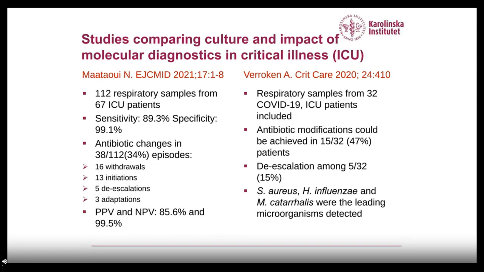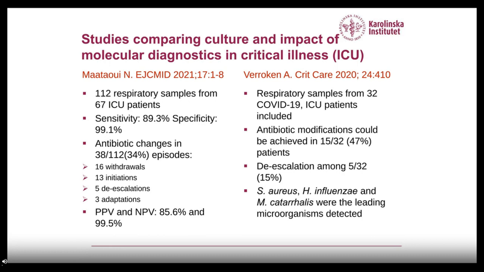There are some studies comparing culture and the impact of molecular diagnostics in critical illness, which were done earlier during 2021 and also 2020. So these are two published papers that have looked into respiratory samples from ICU patients and found good sensitivities and specificities of molecular tests in this particular case, and also with the molecular tests driving antibiotic changes.